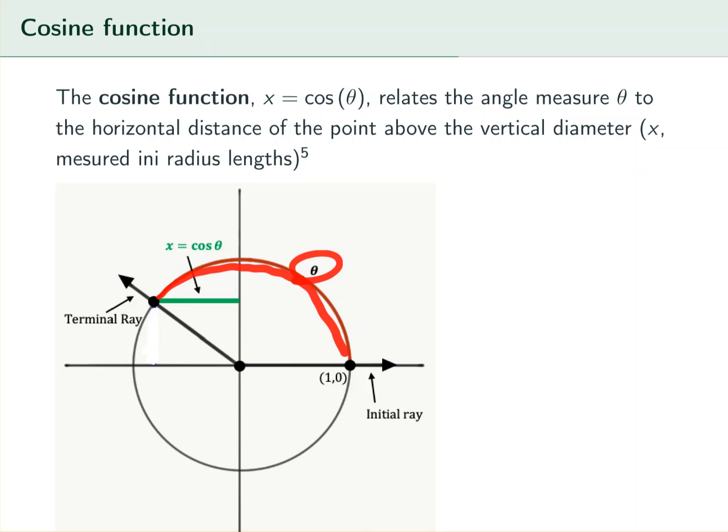And what the cosine measures is from the vertical diameter. In this case, now this is the vertical diameter. It measures horizontal distance, this distance right here, from the vertical diameter to the terminal ray, measured in radius length. So we do have to divide by the radius.